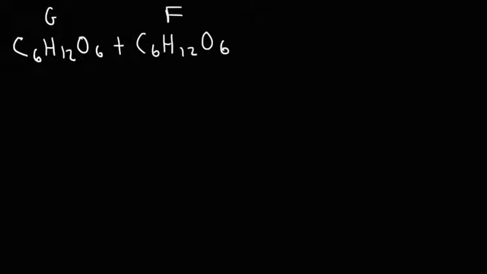To make sucrose, we need to combine glucose and fructose. They both have the same chemical formula, C6H12O6. The chemical formula for sucrose is C12H22O11.